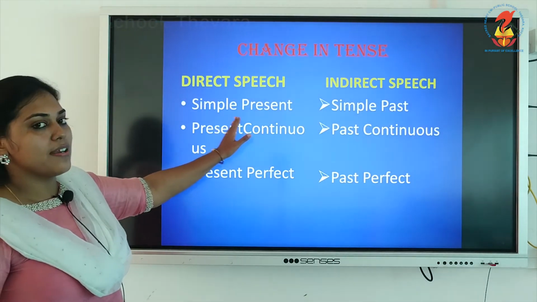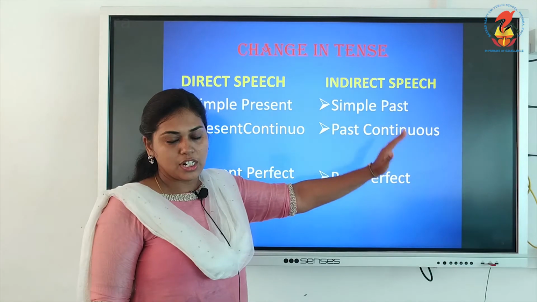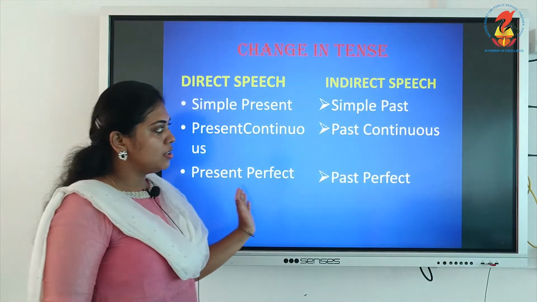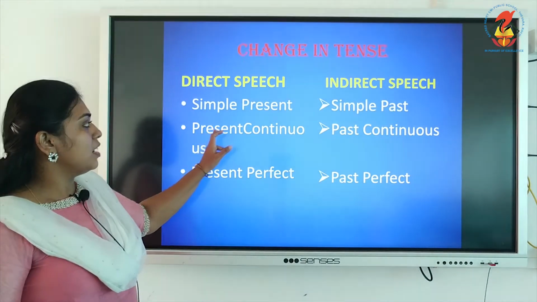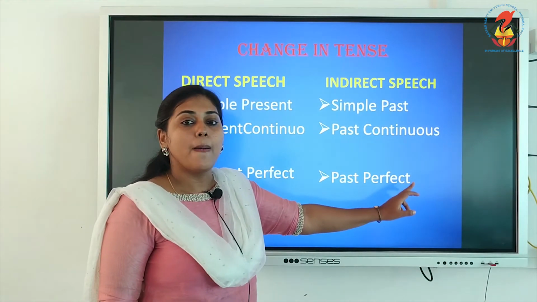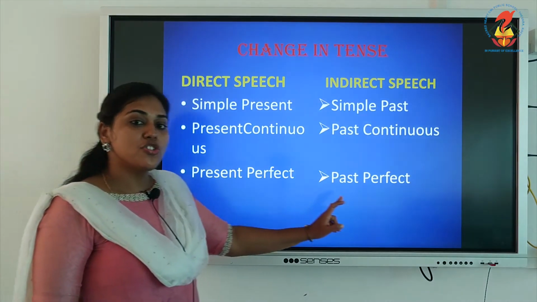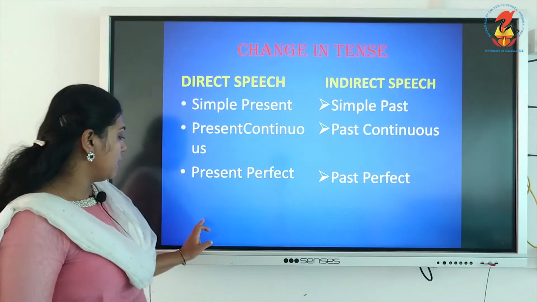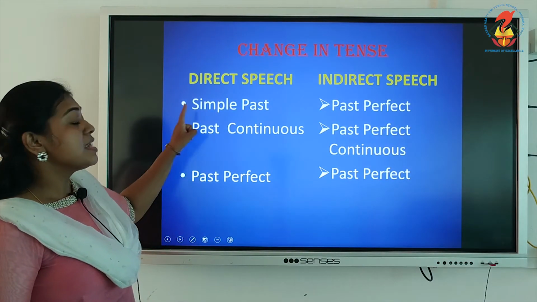Simple present tense will be changed to simple past. You need to change all present forms into past forms. So present continuous should be changed to past continuous. Present perfect should be changed to past perfect. So we are using the respective past form of the tense. Next one, simple past.